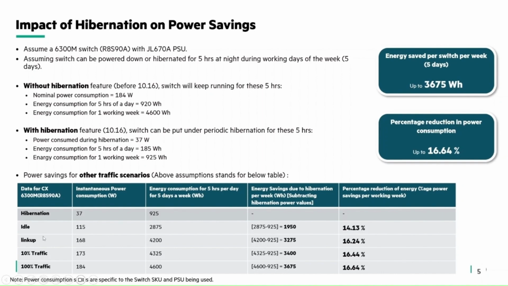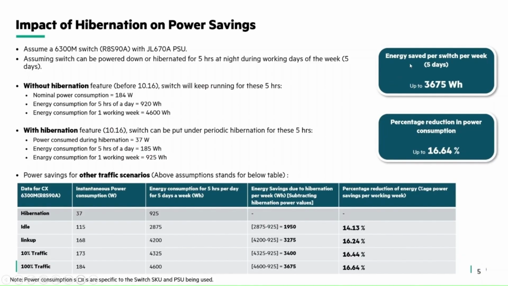If we consider the idle state and compare it with hibernation mode, there is a decrease of 14.13 percent in energy. This is the percentage of power saving per working week for one particular switch. The same calculation is carried out for link up, 10% of the traffic and 100% of the traffic, and you can see 16.24, 16.44 and 16.64 percent respectively.